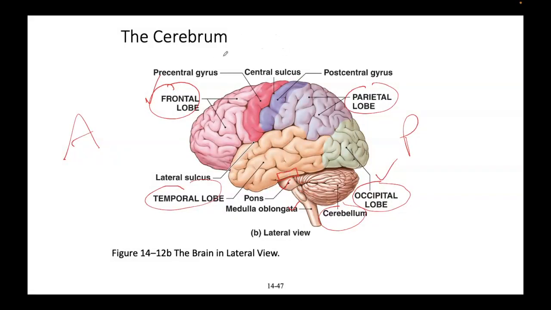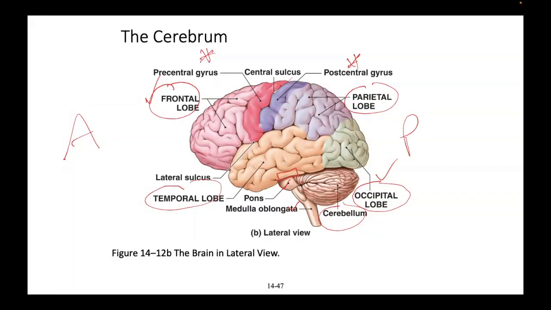Now look at these two areas, very important, precentral and postcentral gyrus. So the postcentral gyrus is kind of still purplish, it's part of the parietal lobe, and the precentral gyrus is on that pinkish, reddish side, it's part of the frontal lobe.